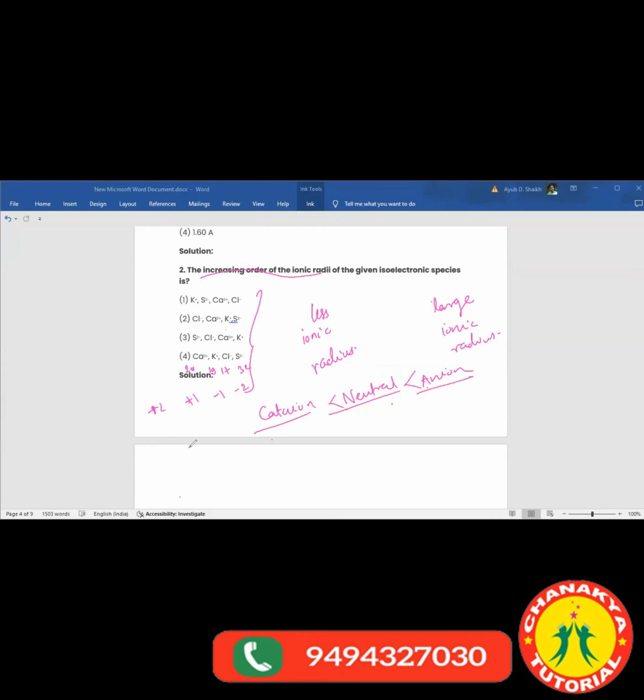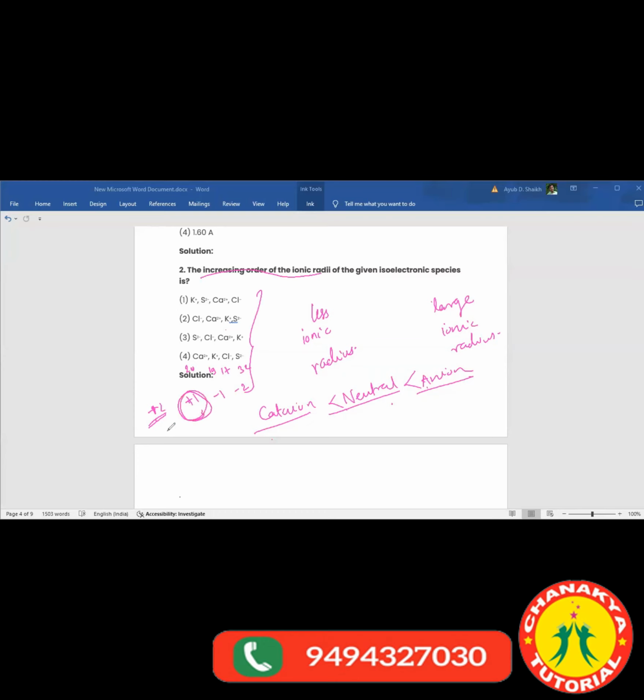Due to the more positive charge on the cation, the electrons present in calcium Ca2 plus get attracted towards the nucleus, and there will be contraction in the atomic radius. Then if we move to potassium, the number of electrons would be the same, but the charge on it would be plus 1.